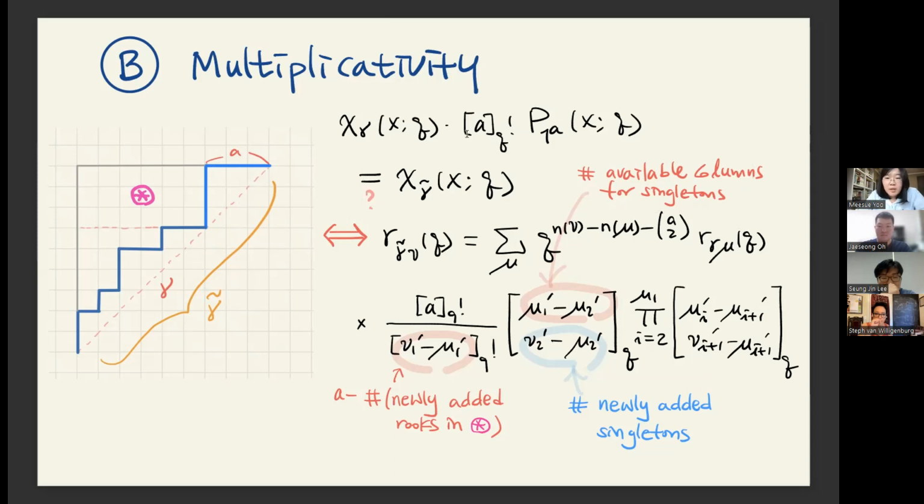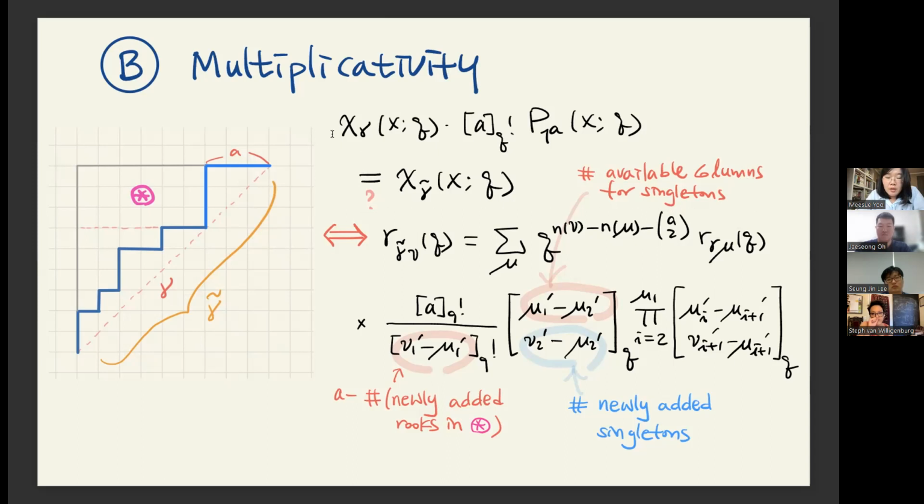Then in terms of the chromatic quasisymmetric function, it's going to be the chromatic quasisymmetric function indexed by this gamma times the chromatic quasisymmetric function corresponding to this complete graph, which is this one. Then in theory, the result should be the chromatic quasisymmetric function indexed by this larger dict-path gamma twiddle.